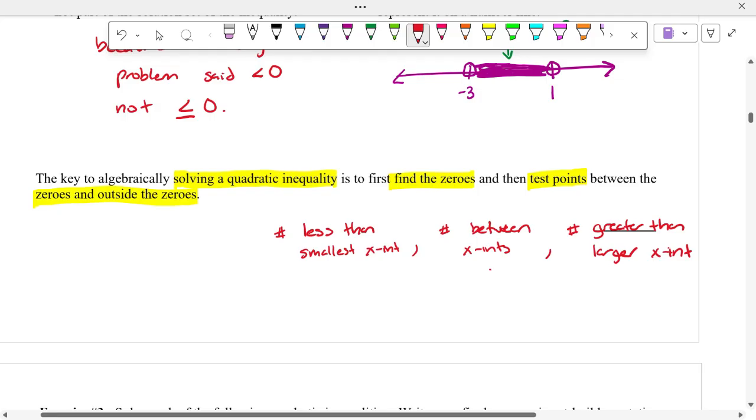All right, so 3 numbers you have to test, and then those numbers will help you figure out where your solution set actually lies.